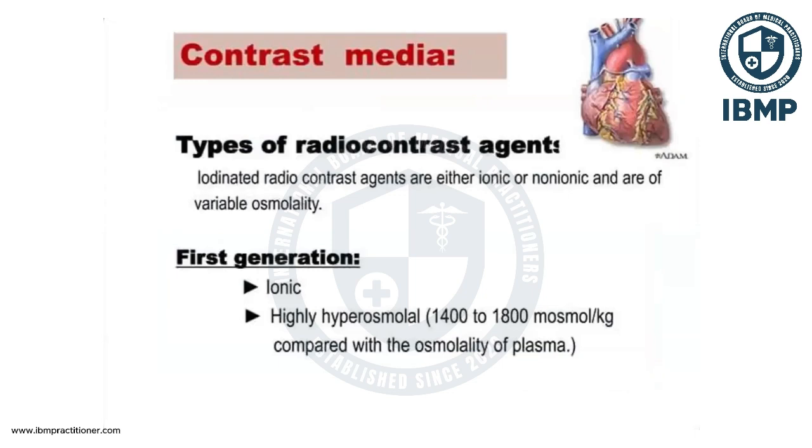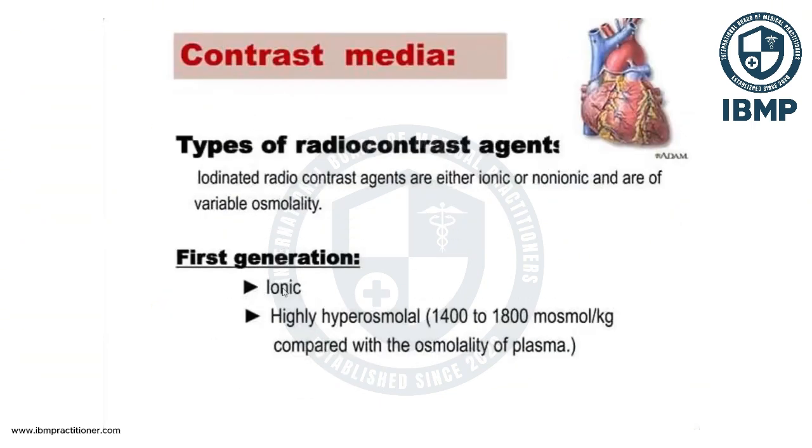Now the radio contrast. The first generation is ionic, hyperosmolar, 1400 to 1800 milliosmoles per kg compared with plasma osmolarity. Everybody has to know what contrast they are using. It is an iodinated radio contrast agent, either ionic or non-ionic, and we have to know the advantages and disadvantages.